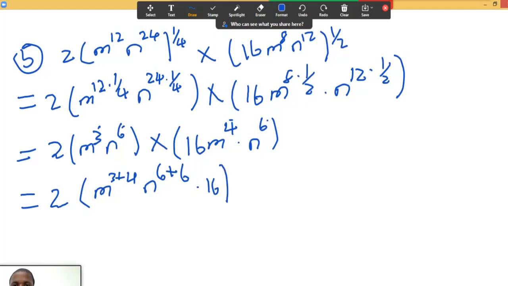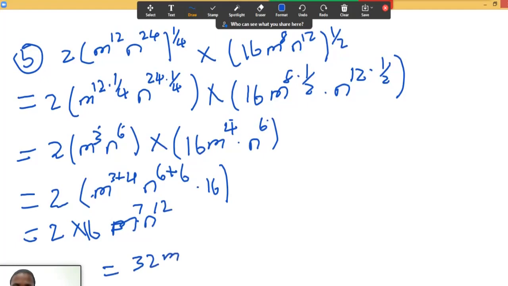It doesn't matter, you can keep the 16 up front here, it's fine, or even this way it's also fine. So we can say, let's take out our 16, so we should have 2 times 16 equal to 2 times 16 multiplied by m to the power 7 and n to the power 12, and then from here we can say this is equal to 32 m to the power 7 multiplied by n to the power of 12.